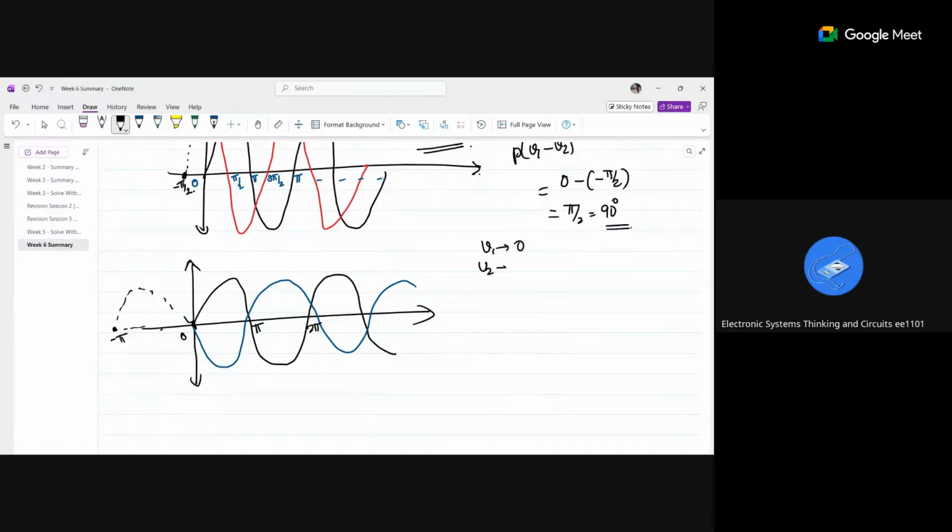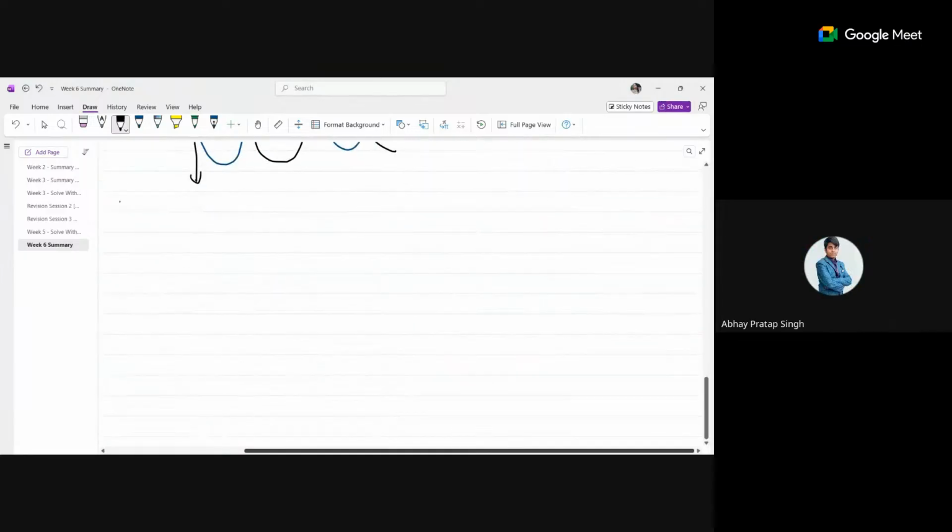My V2 signal is starting at -pi. The phase difference is 0 minus minus pi, which is equal to pi, which is equal to 180 degree. Does anyone have any doubt in this? No doubts, right?